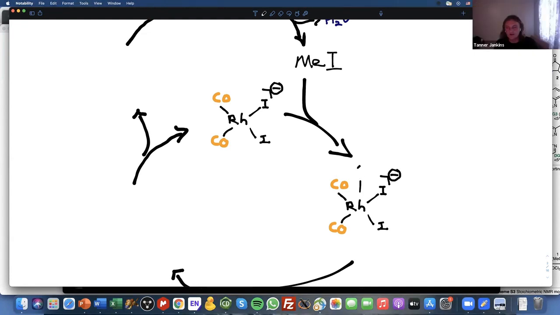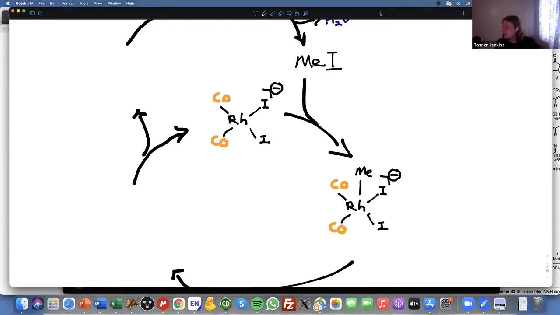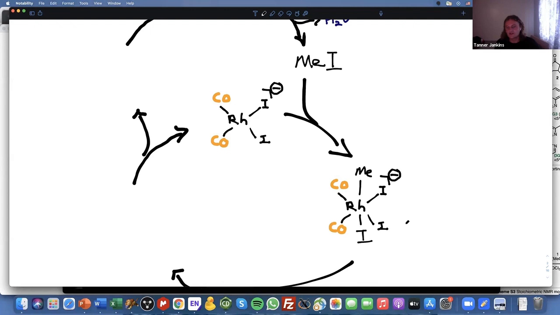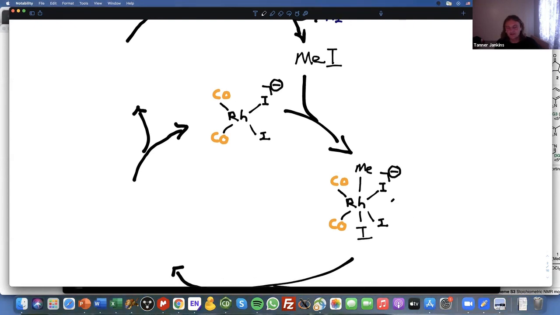And so in addition to forming the rhodium methyl bond, how is that going to affect the rest of the complex and the oxidation state? Are you doing oxidative addition of the methyl iodide? Perfect. And so we actually will get this trans oxidative addition complex, which we'll go through mechanistically in more detail in a little bit.